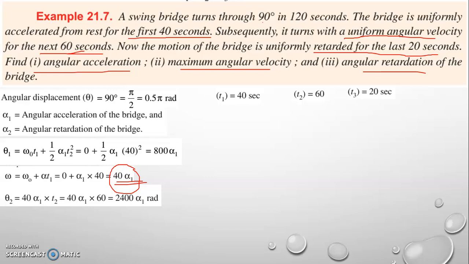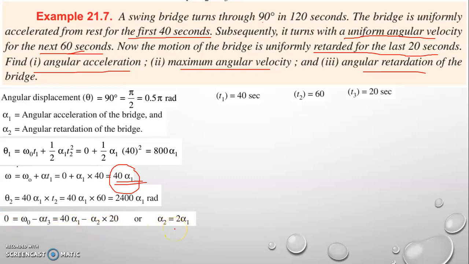So the final velocity of the bridge is 0 after 20 seconds, and the initial velocity is 40 alpha 1. Using the equation v is equal to u plus at, we can write the value of retardation in terms of alpha 1. Final velocity is 0, initial velocity is 40 alpha 1 and retardation is alpha 2. So we write alpha 2 in terms of alpha 1.